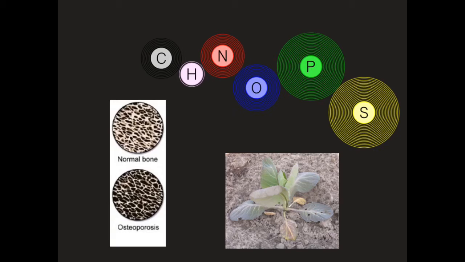So the acronym that I like to go with is known as CHONS plus P. And essentially, these are the chemical elements that are basically critical for all life.